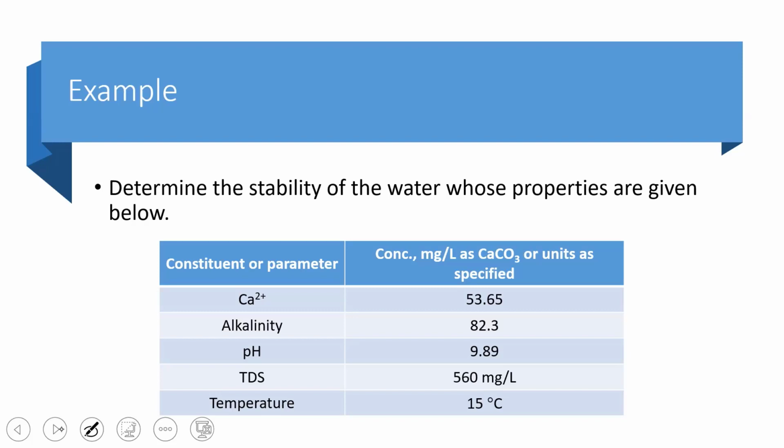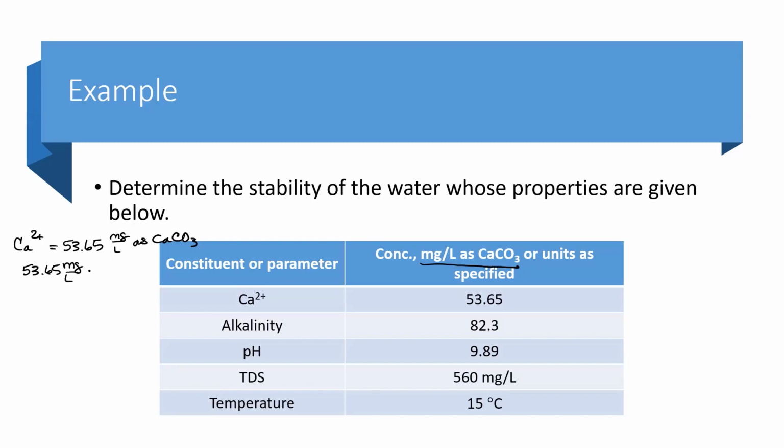So the calcium concentration here is given, notice, as milligrams per liter as calcium carbonate. So it's 53.65 milligrams per liter as calcium carbonate. We need the concentration in molar units.